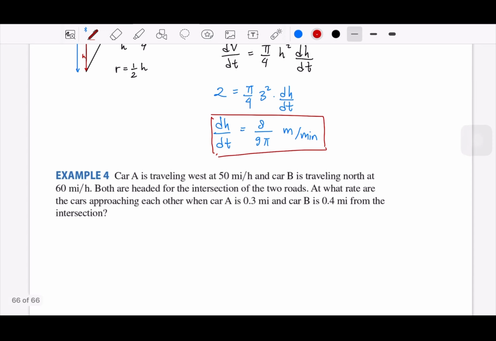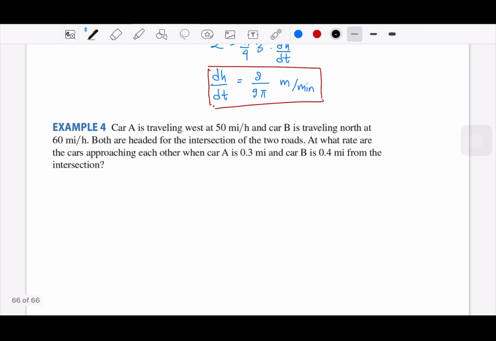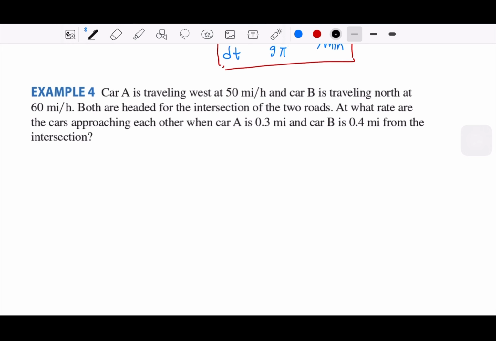Maybe let me draw it to give you a clearer idea of what happens. So let's say this is the car. Let's say it's moving.